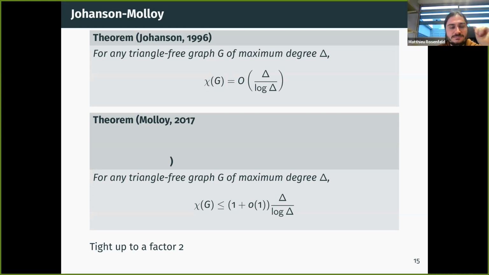Okay, so about this result of Molloy, what I should say is, the result from Johansson is proven by a technique which is called Rödl nibble. I'm not sure of the pronunciation. Anyway, the idea is somehow you take a really small part of the graph randomly, and you apply the Lovász local lemma to say that you can do something nice to this really small part, and then you do it again, and then you do it again, and then you do it again.